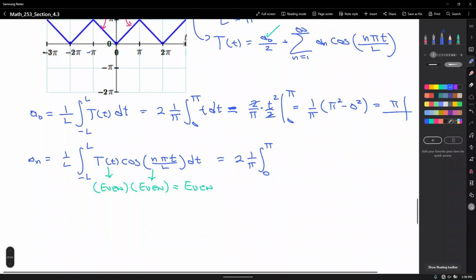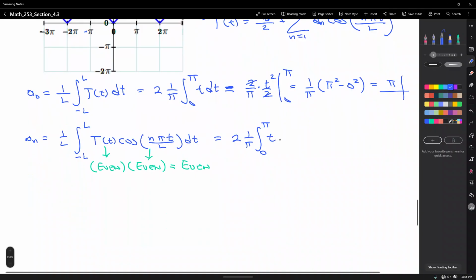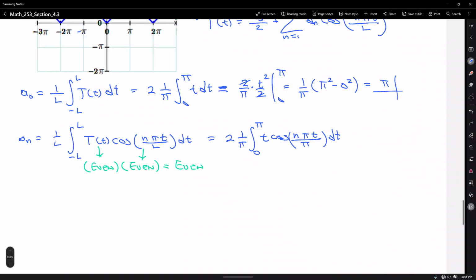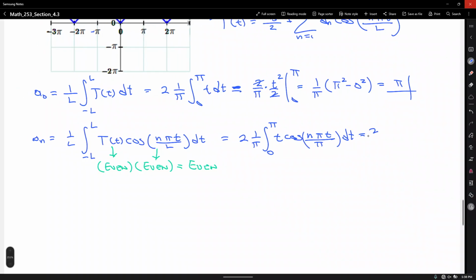You guys following me here? Okay, so that'll be t cosine of n pi t over L, which is pi again, dt, which reduces to 2 over pi, integral from 0 to pi of t cosine n t dt. How do we evaluate that integral?